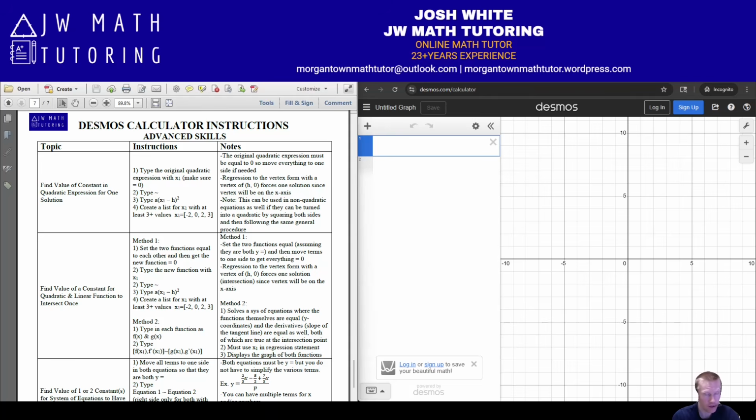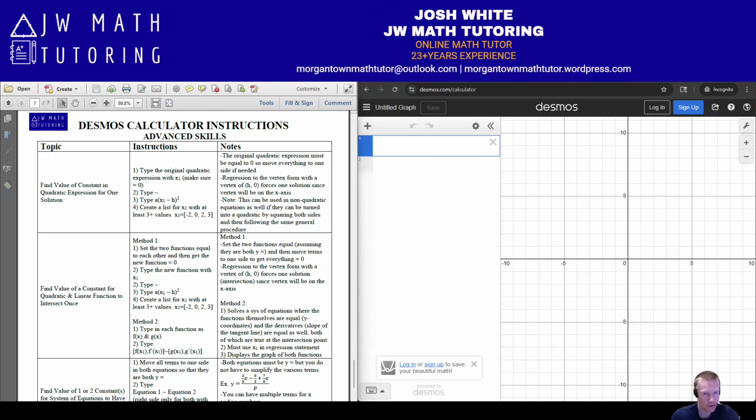Doing that, we'll find the value of the constant that gives this quadratic expression only one solution, because the vertex of the quadratic, which you'll see from the graph, will now be on basically the x-axis. It'll be something comma 0.